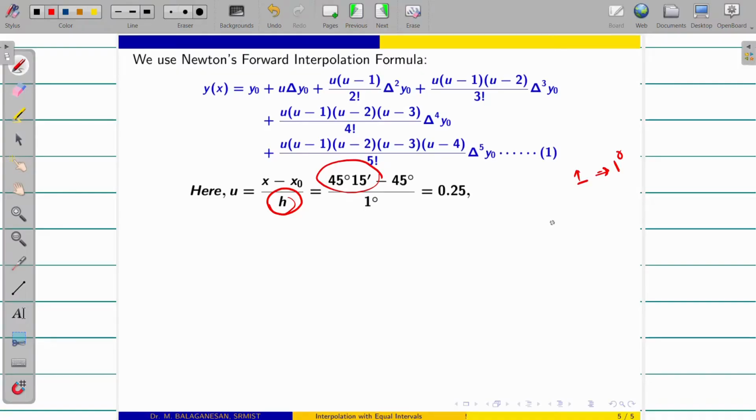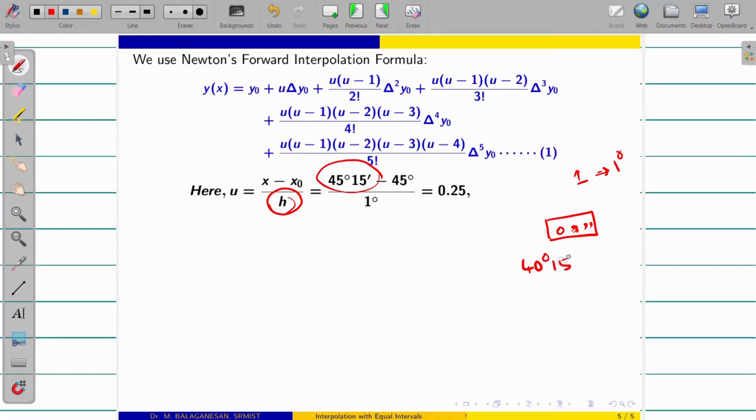45 degree 15 minutes. In your calculator, there will be a button like this. It will be first a circle for degree and then one quotation mark. It will be like that. For minutes there will be two quotation marks, and for seconds three. First, you have to enter the constant value and press that button once; it will consider that as degree.